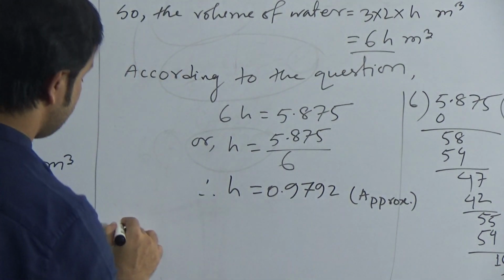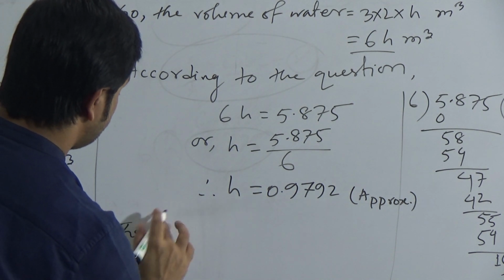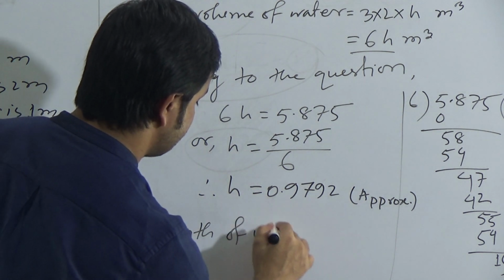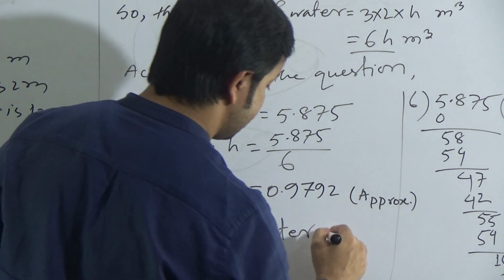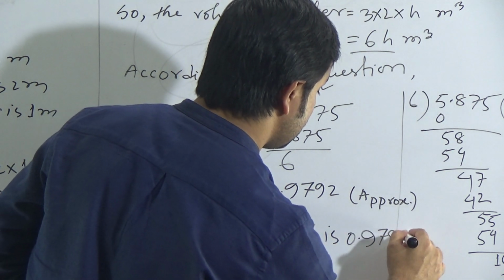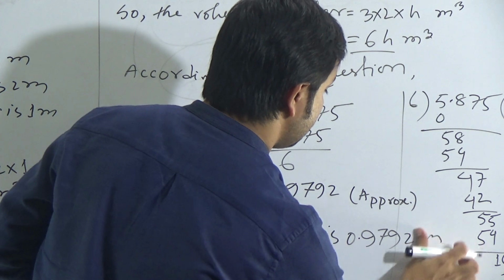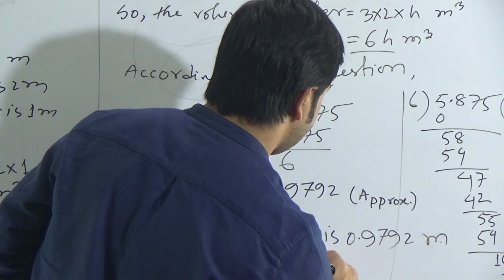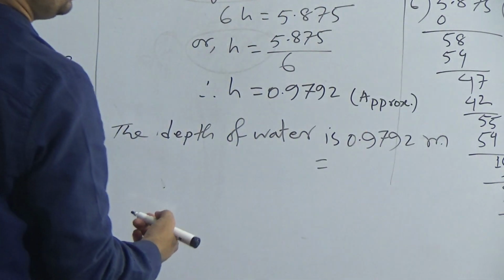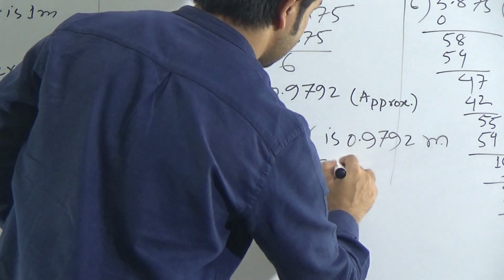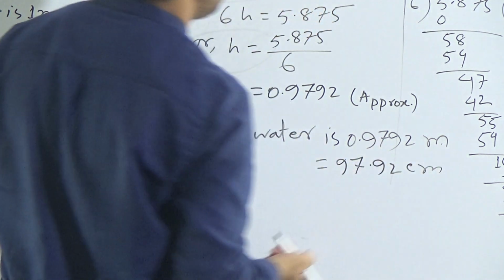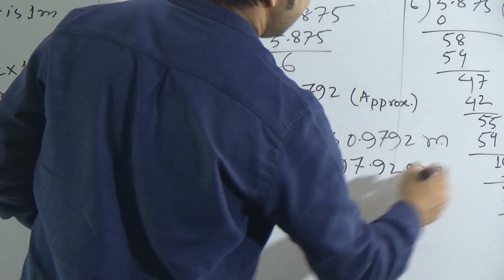So we can write the depth of water, h is the depth of water, is 0.9792 meter. If you want, you can convert this into centimeter. If you convert this into centimeter, you will get 97.92 centimeter. It means that you have to multiply by 100.